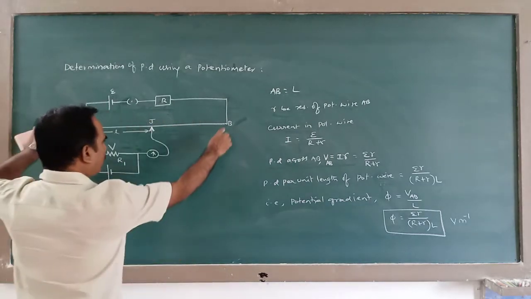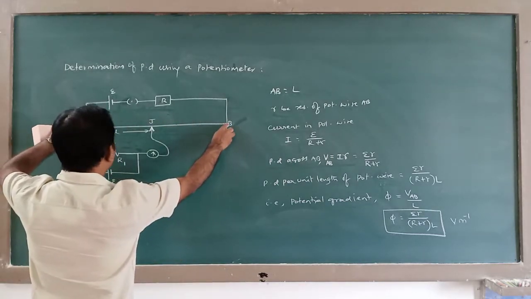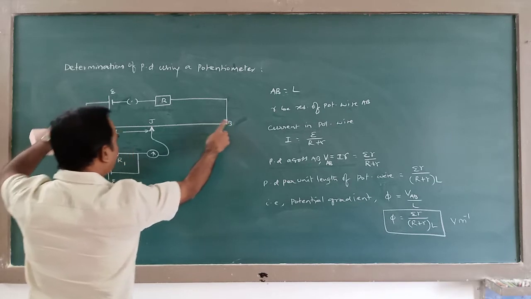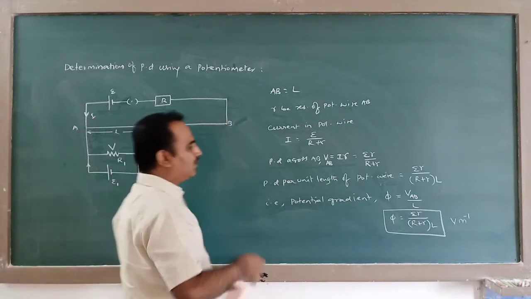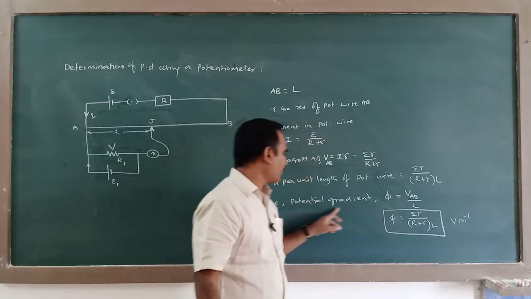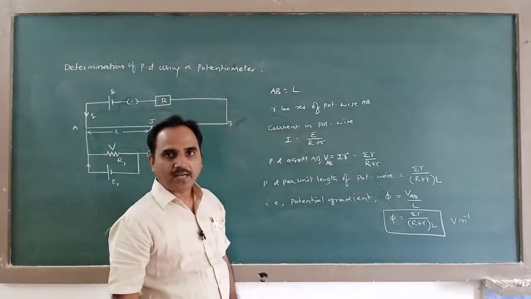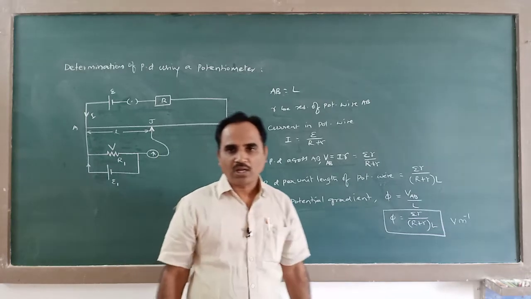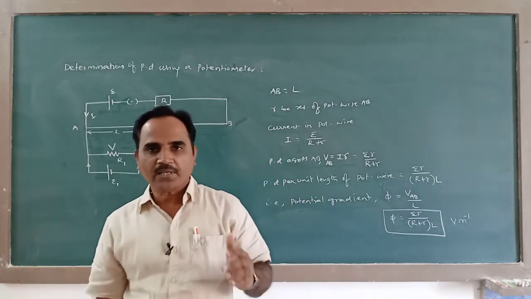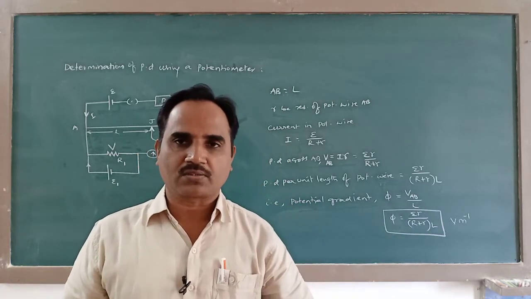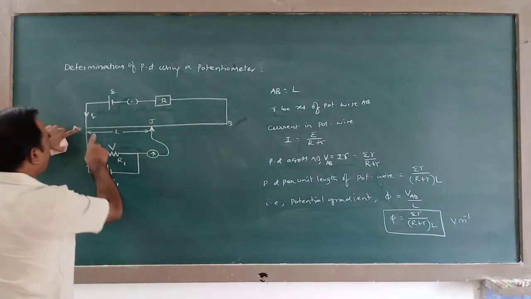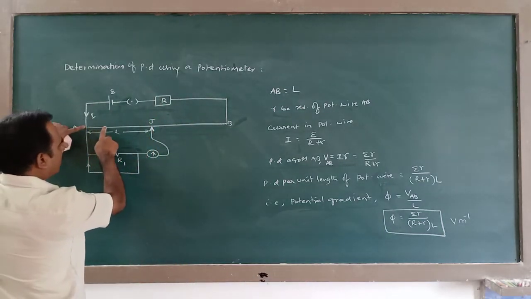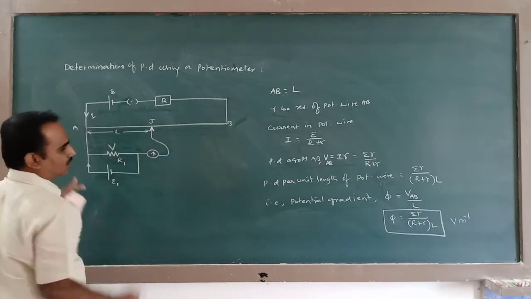So this potential gradient, I mean the potential difference across AB, is distributed over the entire length of the wire. Per unit length, this much of potential difference will be there. That is called potential gradient. As you are all aware, gradient means change with respect to distance. So from the end A, as you go on moving towards B, the potential increases.